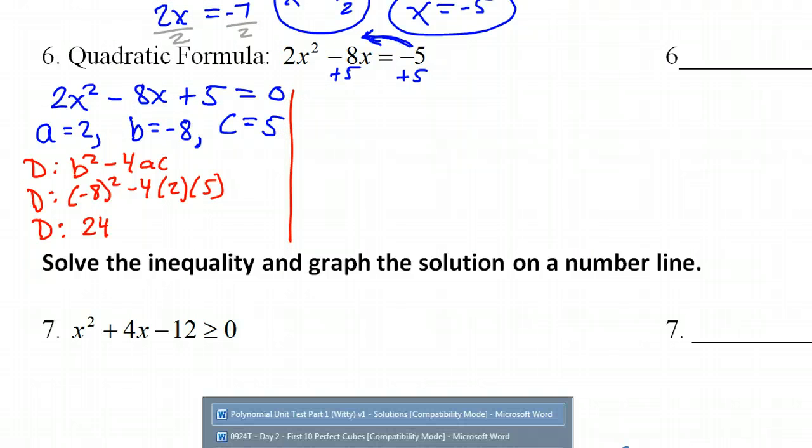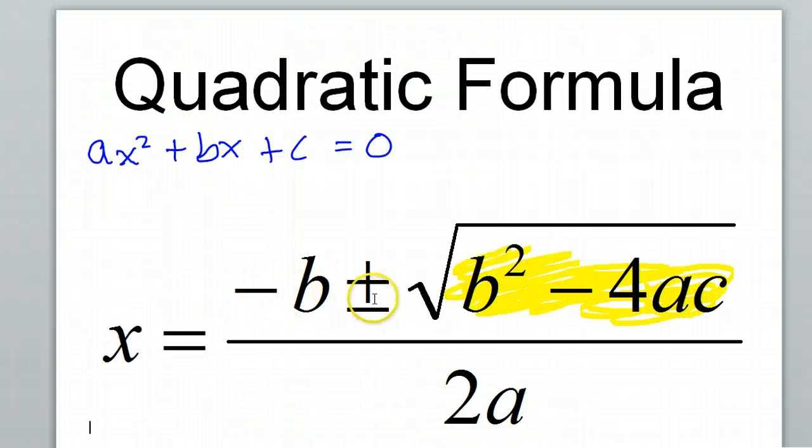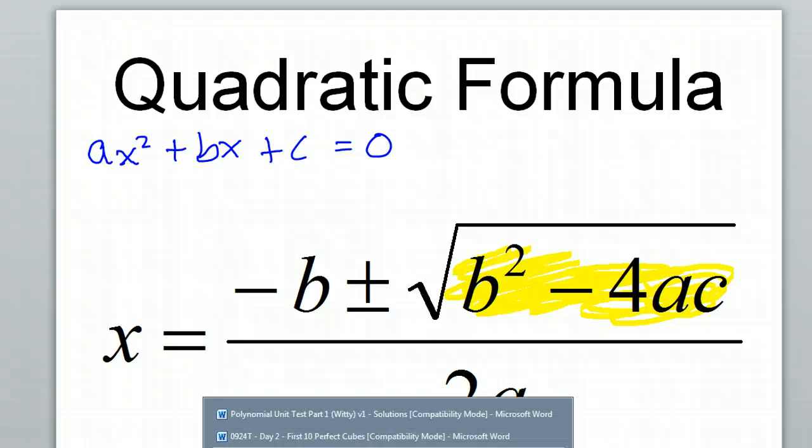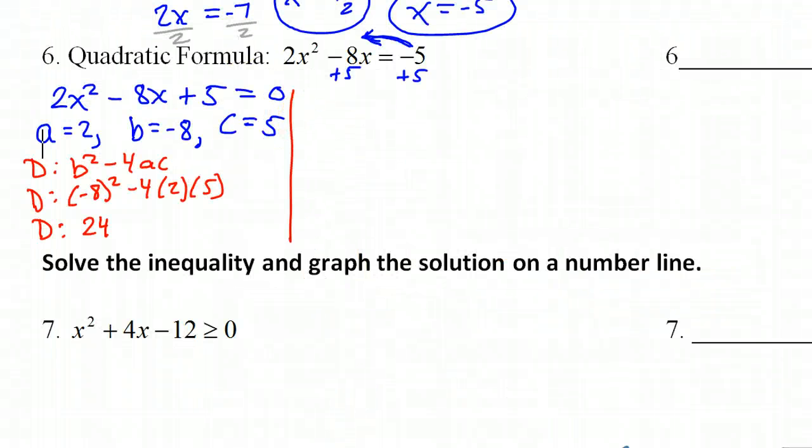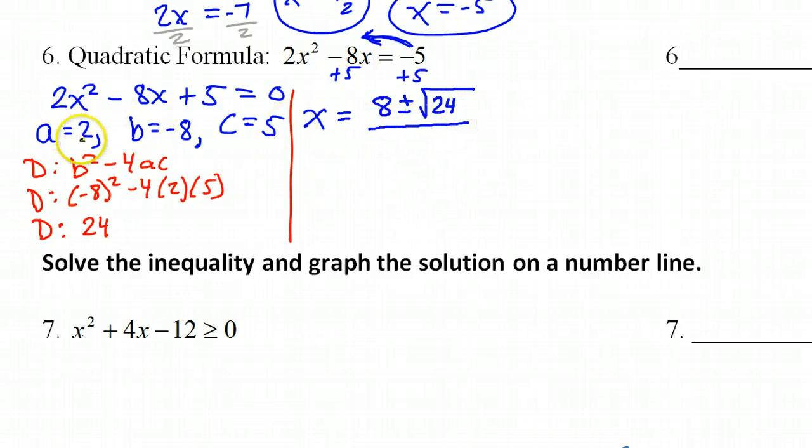Okay, so according to the quadratic formula, we need opposite of b plus or minus square root. So opposite of b is going to be positive 8 plus or minus square root. Now the discriminant goes onto the square root, all over 2a. Well, a is 2, so 2a is 4. So this is where we should be starting out.